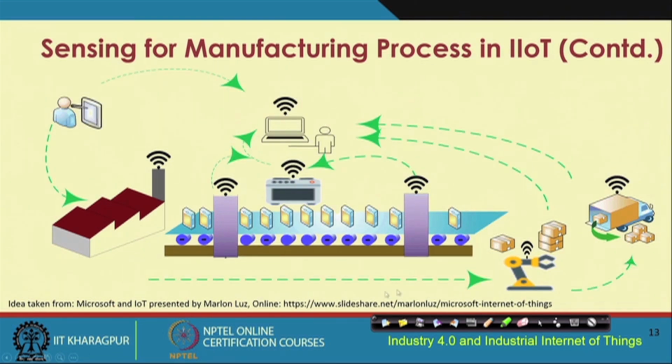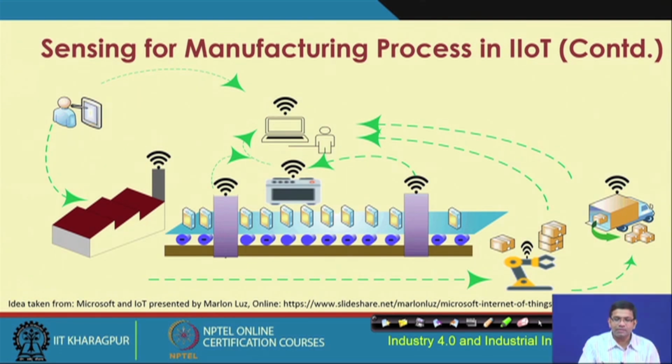So, overall this is how these arrows show you where the sensing and then the communication took place. The sensing took place at all of these different points, but these green arrows show you how those sensed data are going to flow to this manufacturing plant, to the central processor. This is what is shown over here.